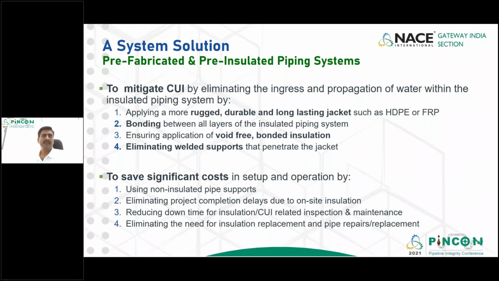To save significant cost in setup and operation by using non-insulated pipe supports, eliminating project completion delays due to on-site insulation, reducing the downtime for insulation, corrosion-related inspection and maintenance, eliminating the need of insulation replacement and repair of pipes and its replacements.